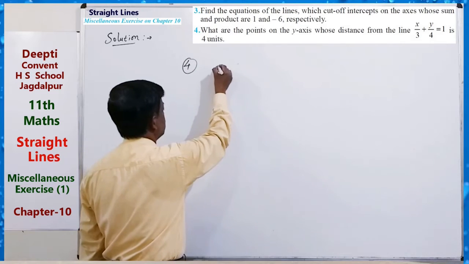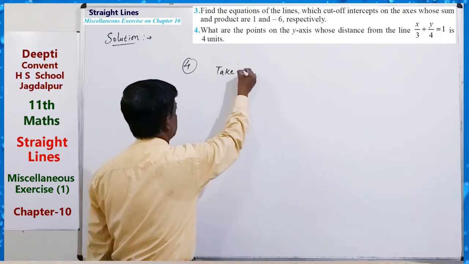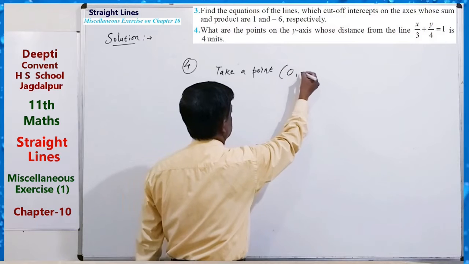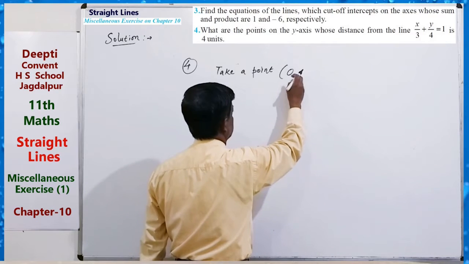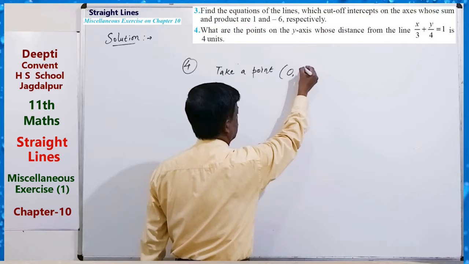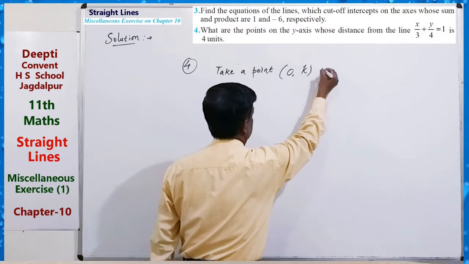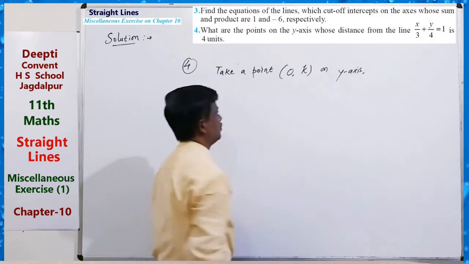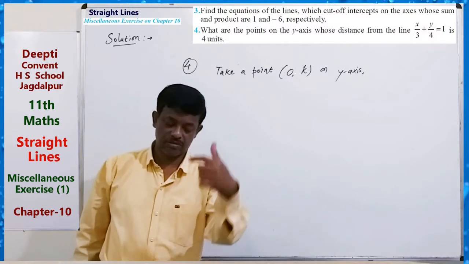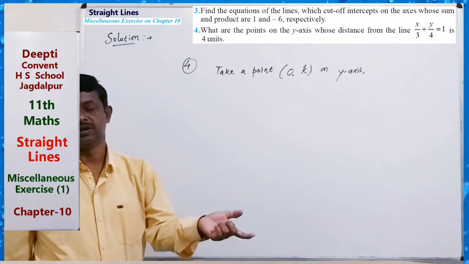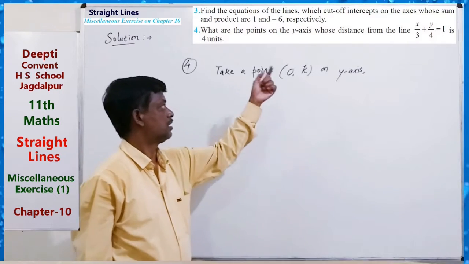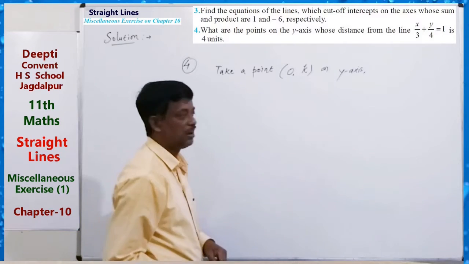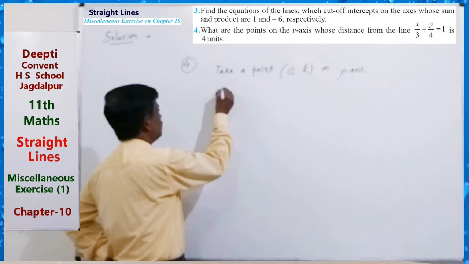Take a point 0, k on the y-axis, because the first coordinate will be 0 on the y-axis, always the value of x is 0, and the second coordinate suppose k. This is a point on the y-axis.